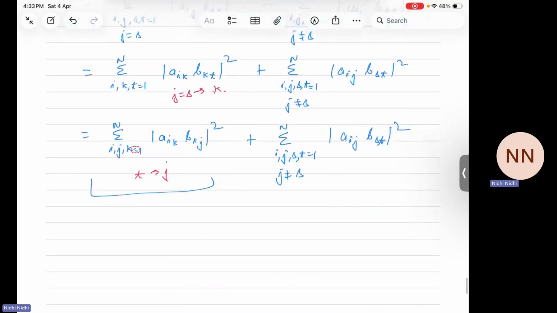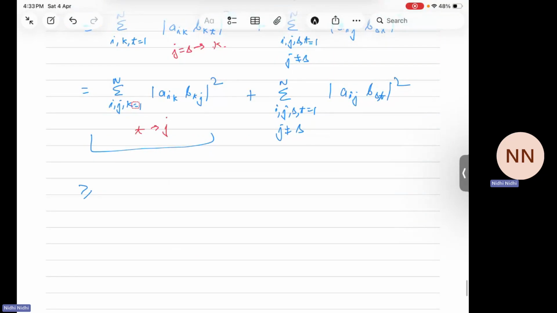So this will be greater than or equal to norm ab square minus summation ijst from 1 to n, where j is not equal to s, mod ais bsj ait btj.